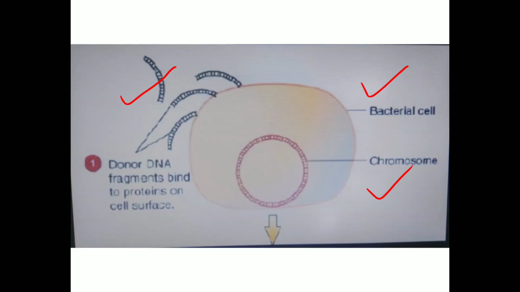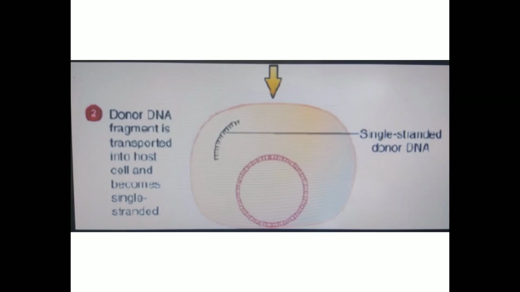Let us recap. In the first step, donor DNA fragments bind to proteins on the cell surface. Second, that donor DNA from another bacterium is transported into the host cell, and when it enters inside the host cell, it becomes single stranded.